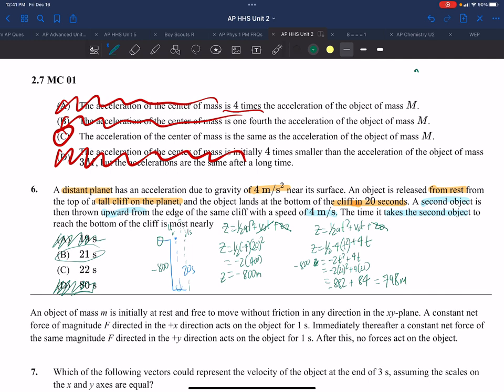And if we're to do the same calculation with 22, we get 88 minus 968.